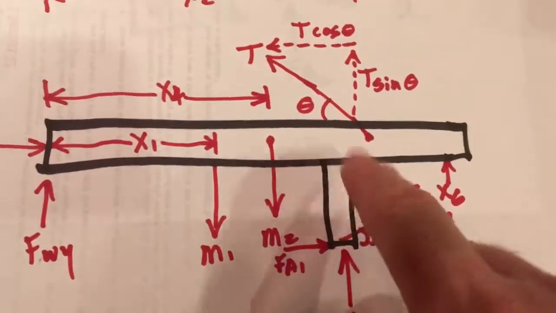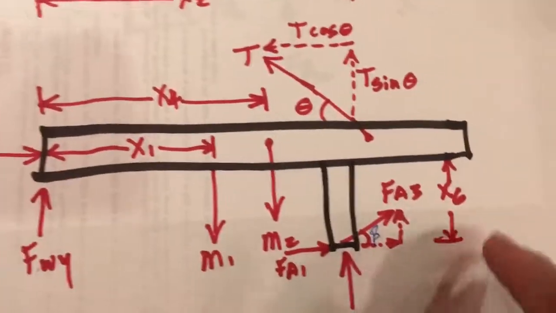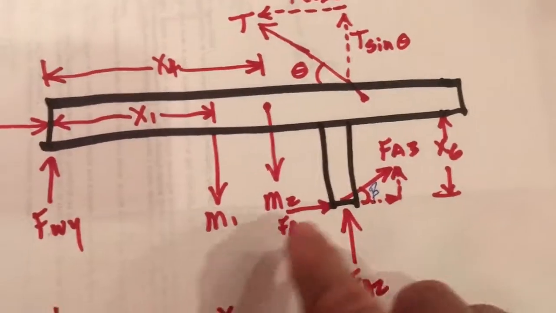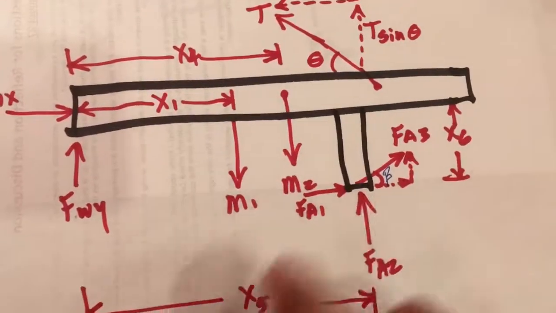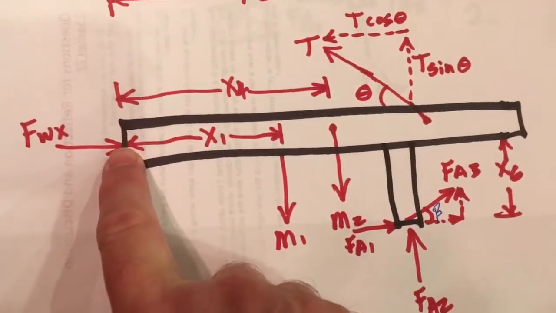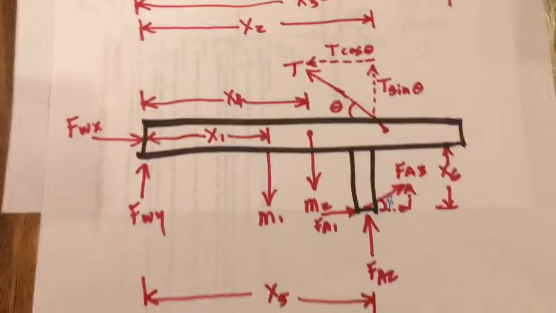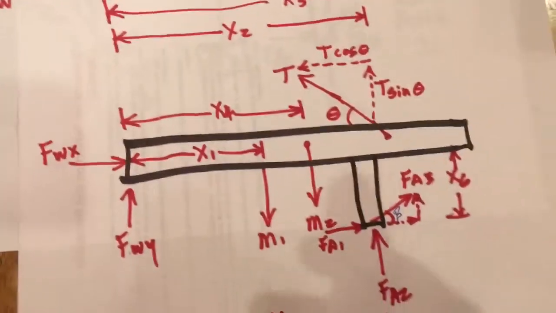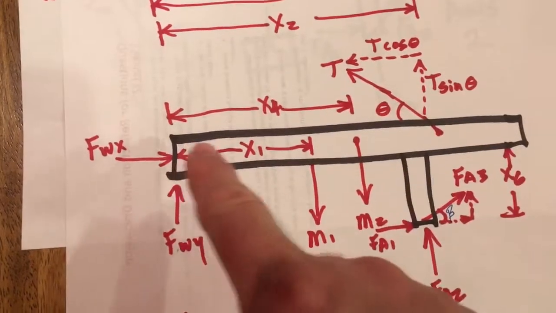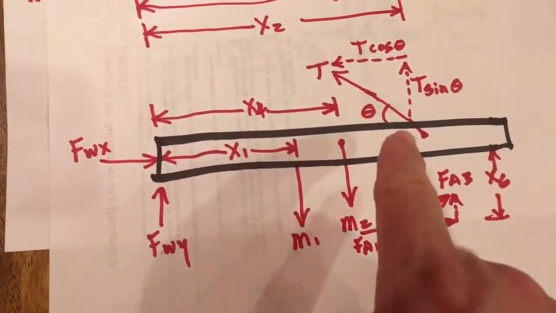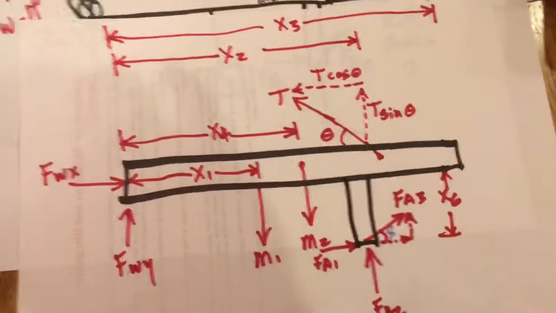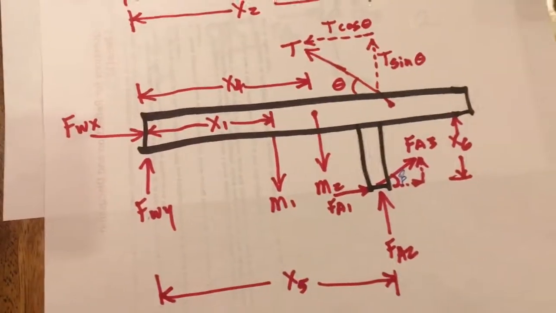You're looking for the perpendicular distance from the rotational axis, and so this x6 is the actual perpendicular distance with reference to this rotational axis here. And I'll explain more how that operates, because you would think that this distance here would also be included, but it's just this perpendicular distance. I'll explain that better in just a minute.